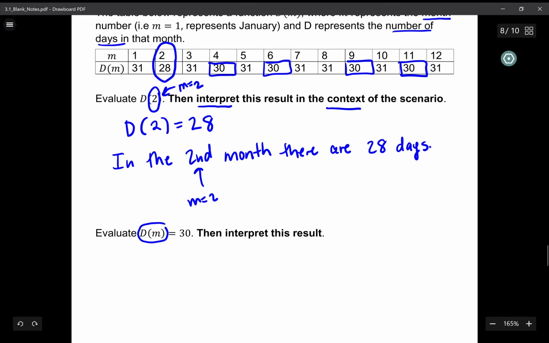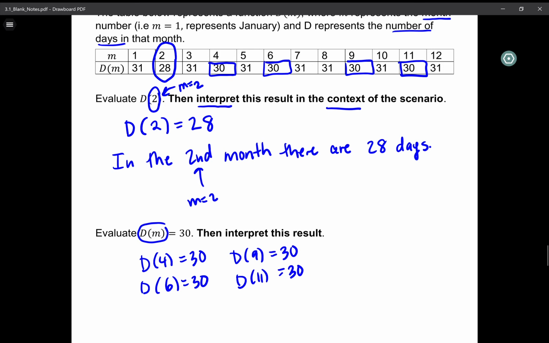So there's 4 times that d of m equals 30. I know that d of 4 equals 30. I know that d of 6 equals 30. And I know d of 9 equals 30. And d of 11 equals 30. Now I want you to pause the video and write down your interpretation of this result in the context of the scenario.